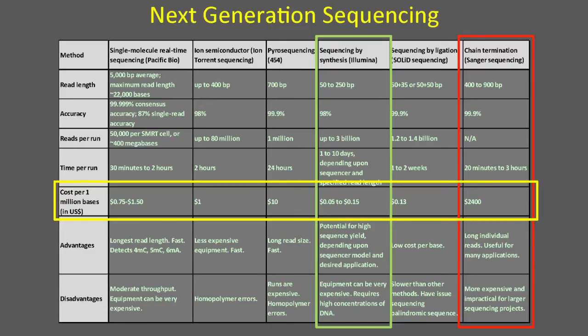But if you do this on a next generation sequencing platform, like for instance Illumina, it's going to cost you 5 to 15 cents. So there's a huge possibility and huge potential in using these next generation sequencing techniques if you set up your research in such a way that you can make use of these new techniques.